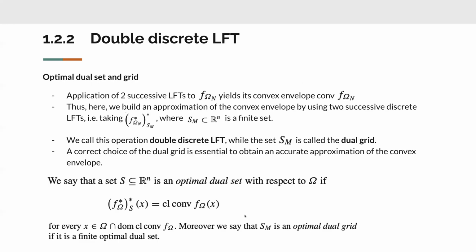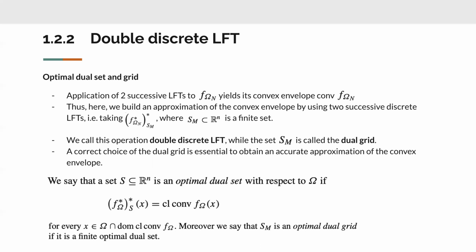All right. The next is the double discrete LFT. Let's consider the problem of computing the convex envelope of f given the set omega. Firstly, we discretize this problem by considering the finite set omega_n, as we saw in the previous slide.